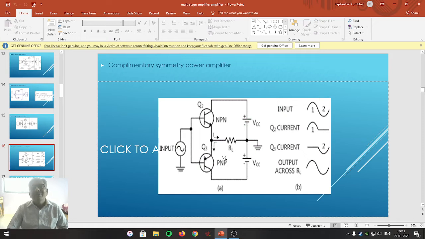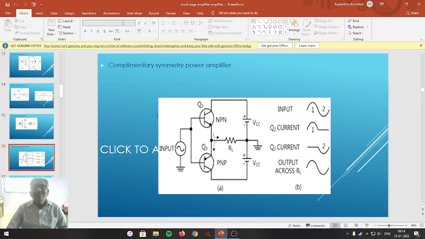In short, the working of the NPN transistor and the PNP transistor are exactly complementary to each other. Meaning, when one transistor conducts, the other transistor will remain off. When the other transistor conducts, the first transistor will remain off. Such working of the transistors is treated as complementary to each other, and that's why the circuit represented here is called the complementary symmetry power amplifier.